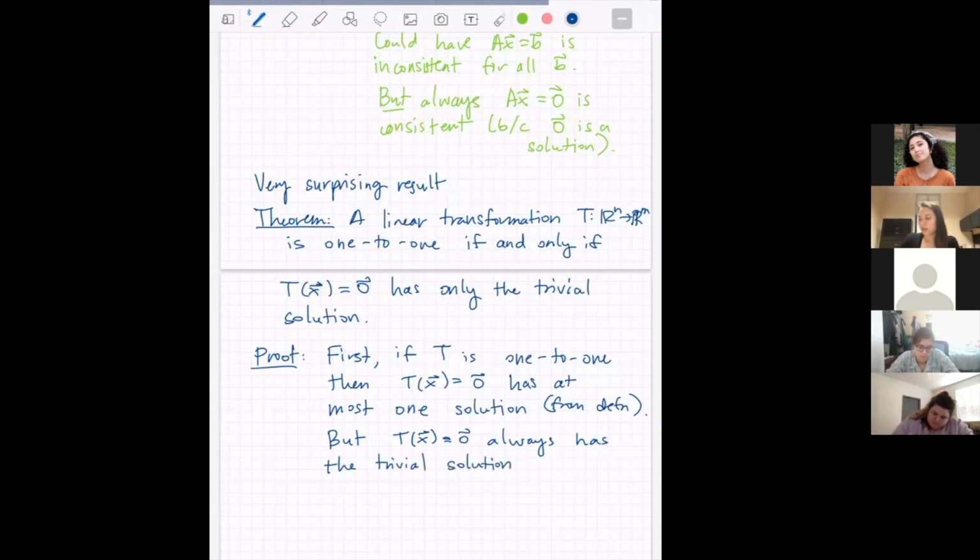So this has only the trivial solution because it has at most one, and we know what it is, so it must be the only or unique solution. Only the trivial solution.